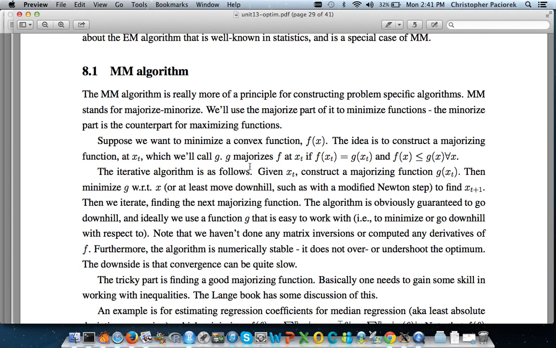And now the trick is to work with inequalities. It turns out that if I have a concave function, and the concave function I'm particularly interested in is the square root function, which looks something like this, then I can write down an inequality that says g of x is less than or equal to g of y plus g prime of y times (x minus y).